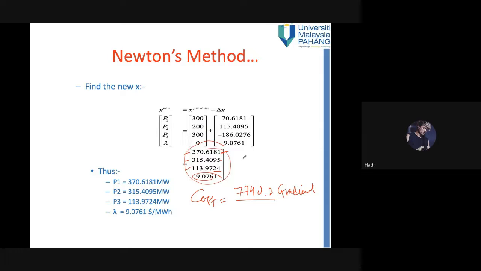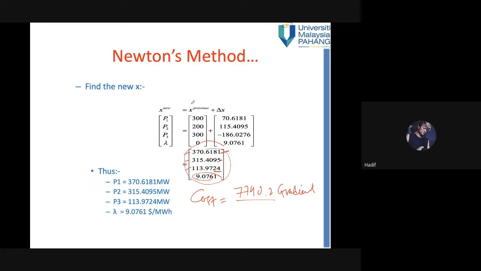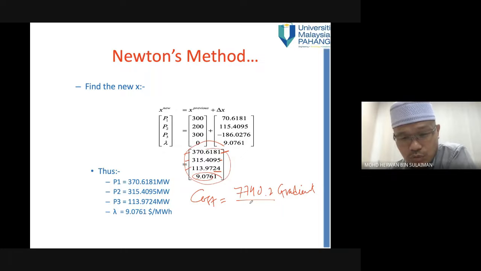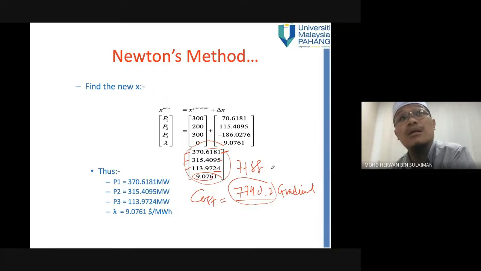Sekejap. Ni in mega je. Dapat 3.71k. Ambil 3.71k. Betul lah kot. Dia kena dapat 7,000 lebih kat ni. Kos 7738.7805.